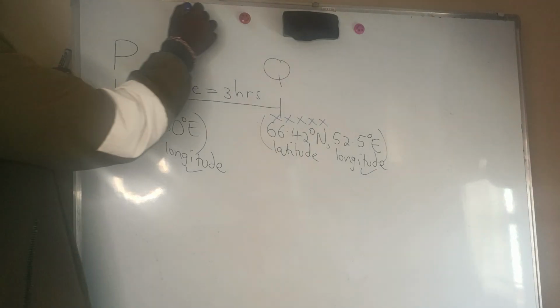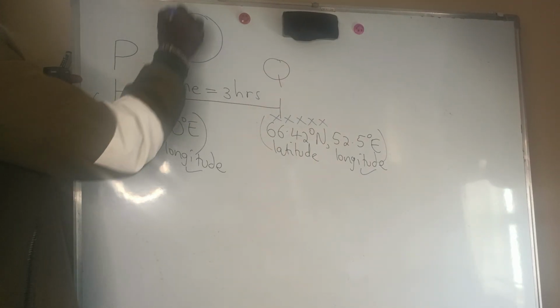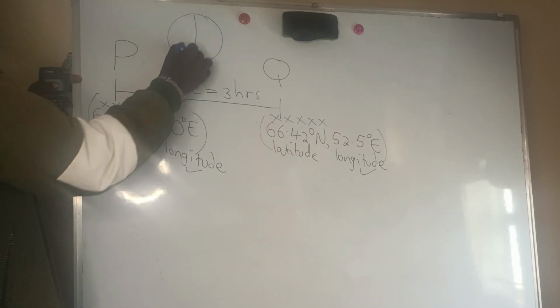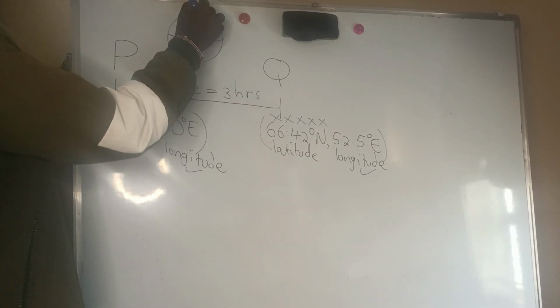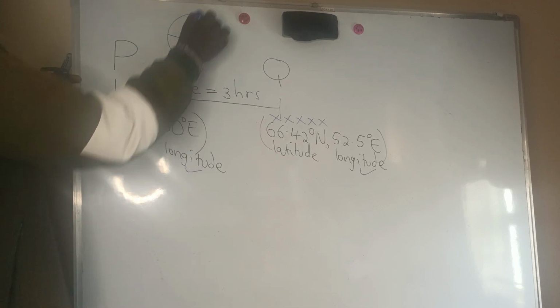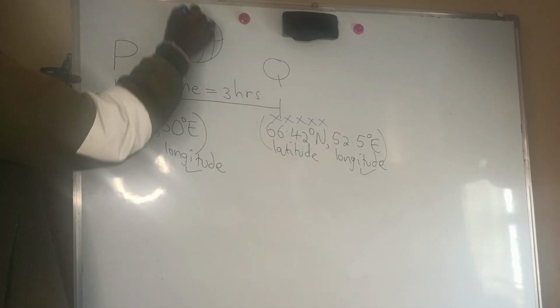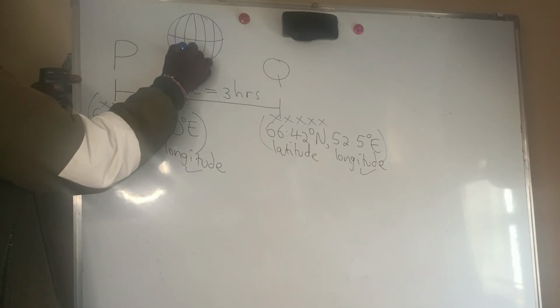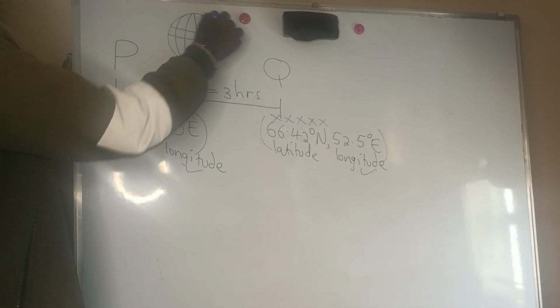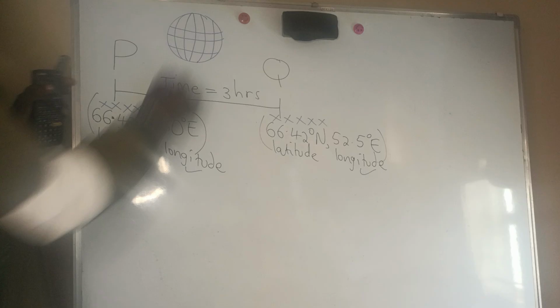If you look at this as your globe, this is the prime meridian or the Greenwich meridian. This is our equator, and any lines running from north to south or south to north are called longitudes. Those that run from west to east are referred to as latitudes.